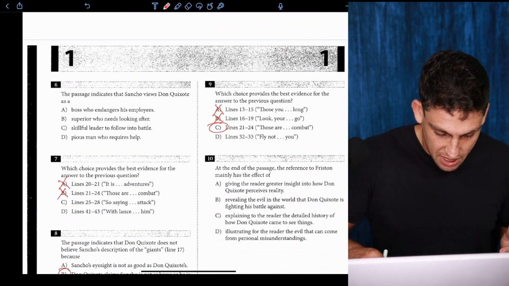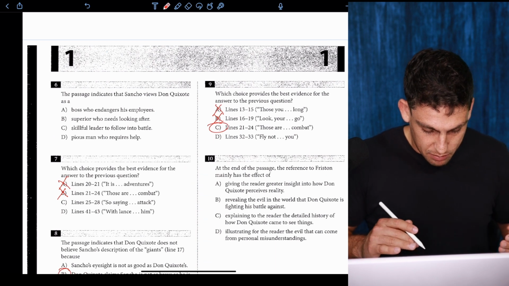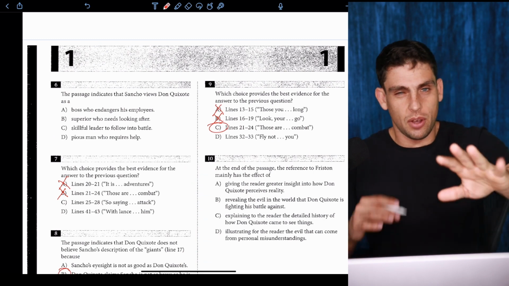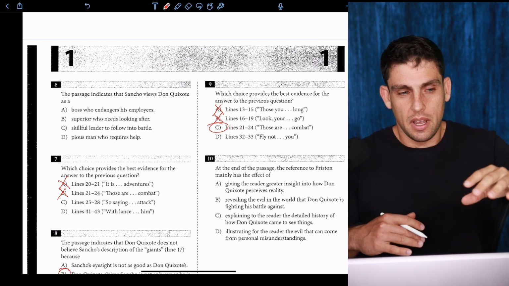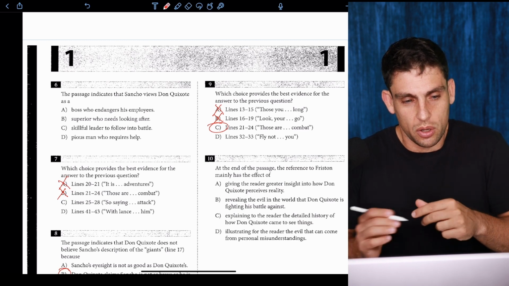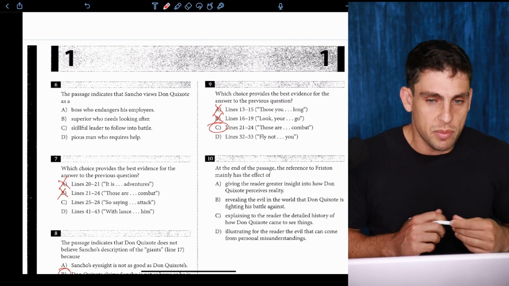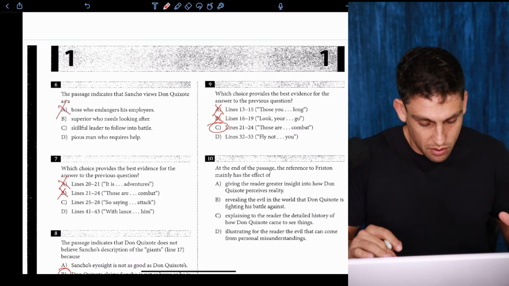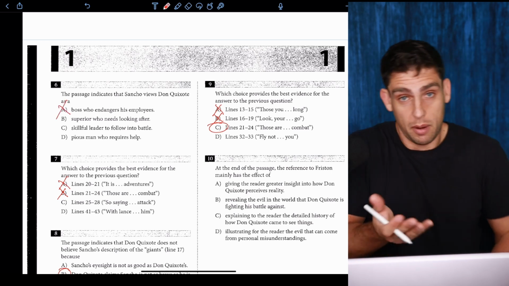So that being said, I think the passage indicates that Sancho views Don Quixote as a boss who endangers his... No. Don Quixote wasn't like, you're going to battle with me and you're going to die along with me. No, he doesn't say that. He doesn't endanger his employees, so A is out. B, superior who needs looking after. I mean, yeah.